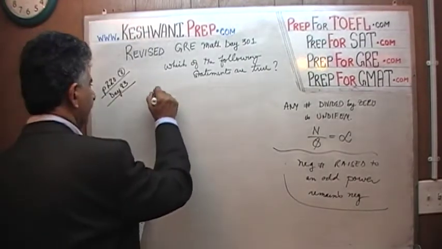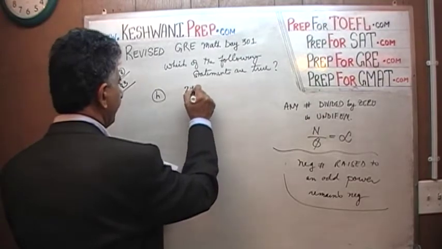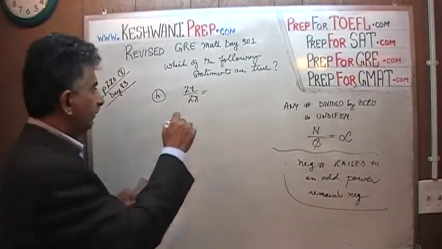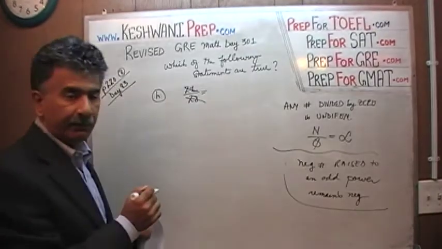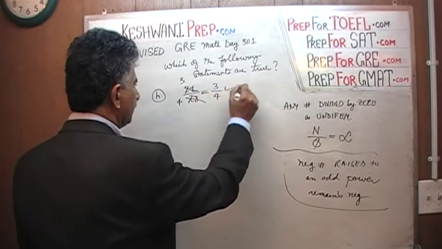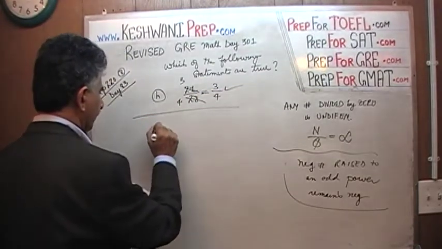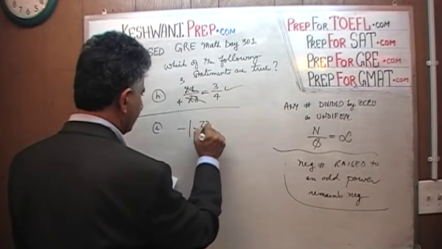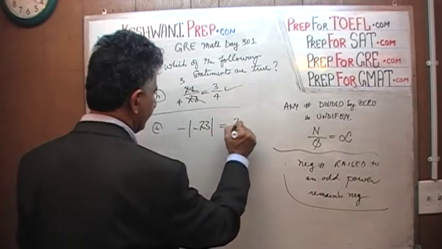In H, we have 21 over 28, and if we divide top and bottom by 7, we get 3 over 4, which is exactly what they tell us. It is 3/4, which is true. In I, we are told that the negative of the absolute value of negative 23 is 23.